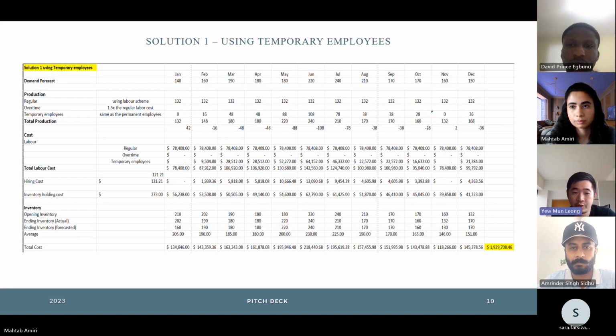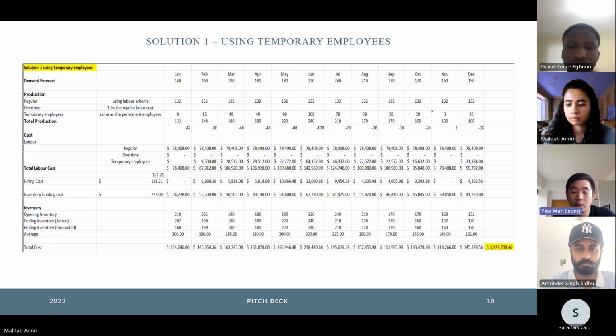All right, the first solution that our team calculated uses temporary employees in production. Our aim for this forecast is to balance the actual and forecasted inventory each month throughout the year to get an overview of the total cost. So we took regular employees working 40 hours at 4 regular days per week. Therefore, our strategy is to hire temporary employees progressively each month. For example, in January and November, we do not hire temporary employees because regular employees can produce the forecasted amount for the month.